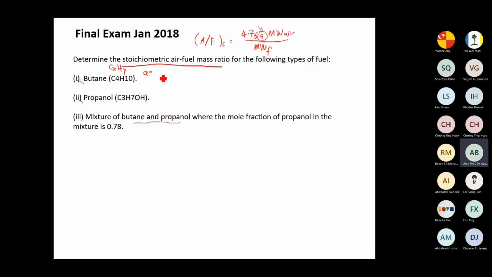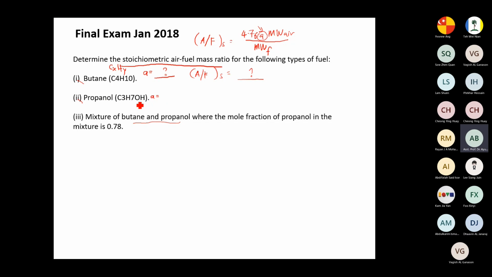From there you can calculate the A. Once you get the A, plug it into the equation, then you get your AF stoic. Straightforward. Same goes for propanol. Here the calculation of A is quite different because you have O, oxygen. So find out the A, then you find the AF stoic.